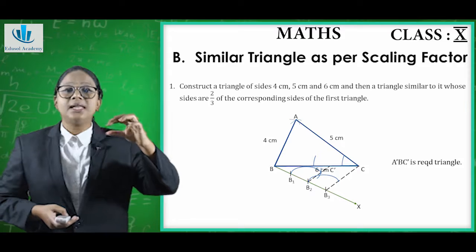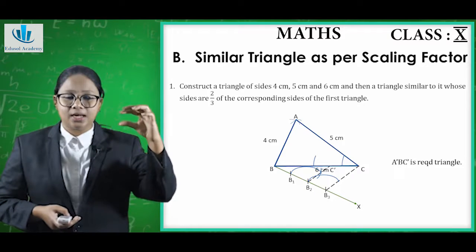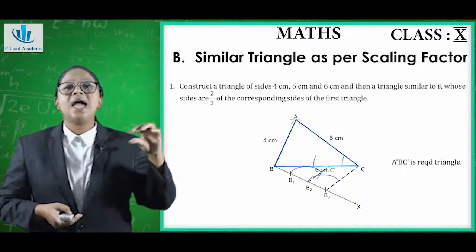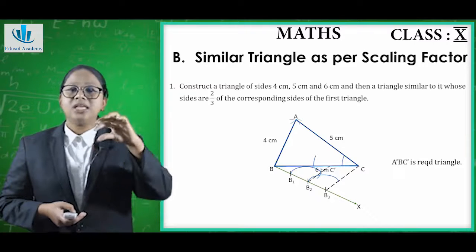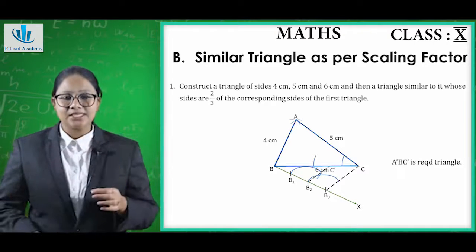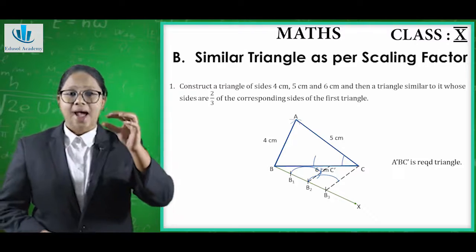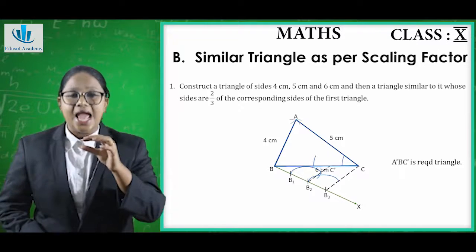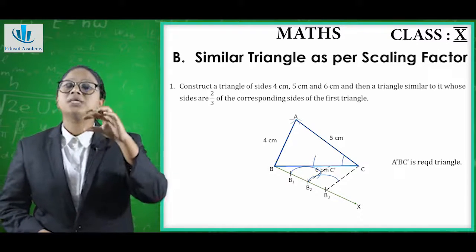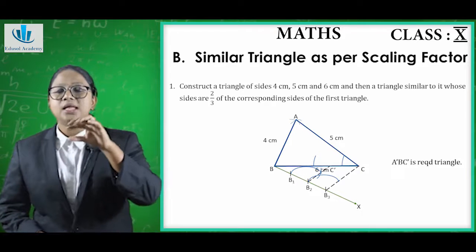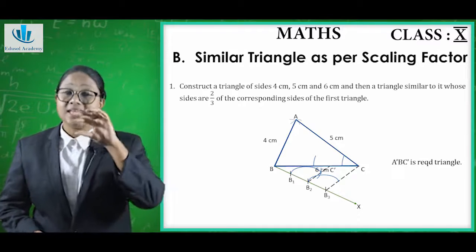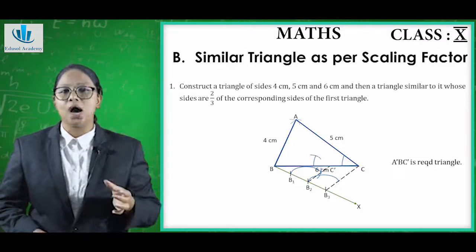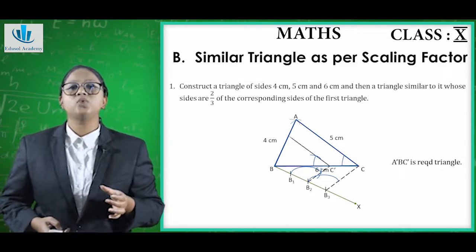Now again take the gap between the side AC and side BC where the arc is touching. I repeat, take the gap between BC and AC where the arc is touching. Now with that, draw the same arc at the new arc and connect it to C dash.